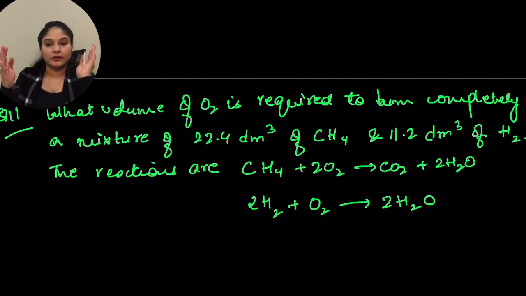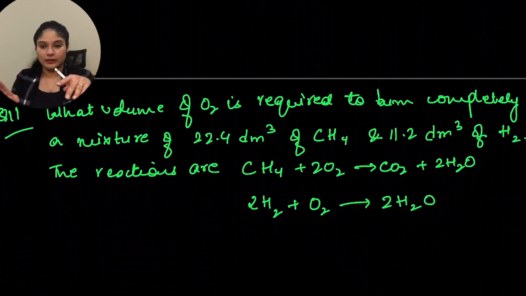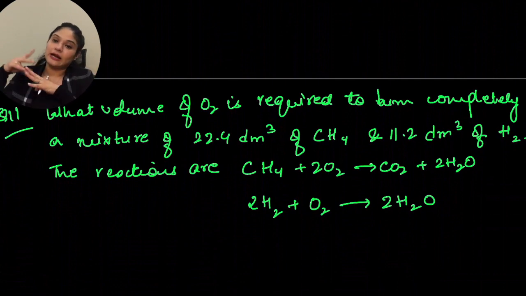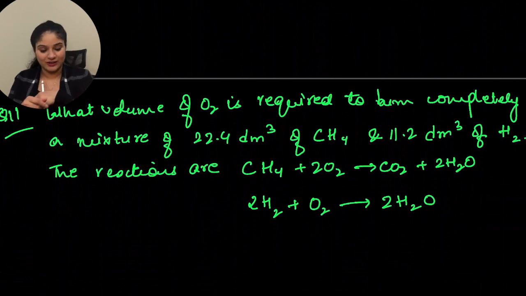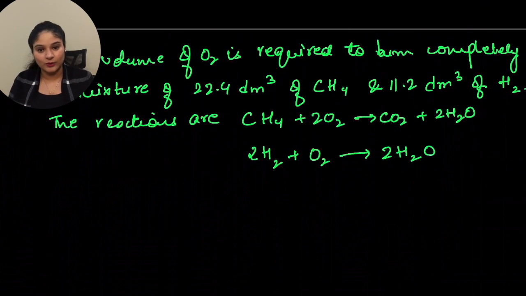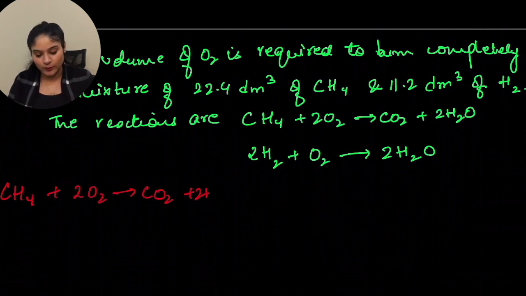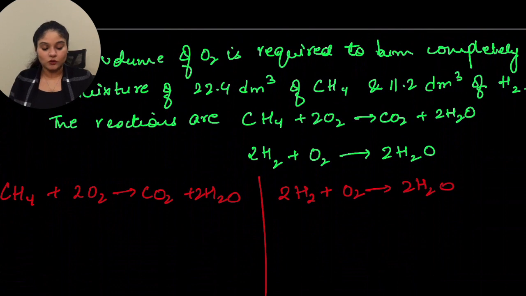You separate the two equations, solve each of them, and then at the end add the answers. So for that we calculated carbon dioxide. For this case we'll be calculating oxygen. So let's start with the first one. So we have CH4 plus 2 oxygen giving you CO2 plus 2 H2O, and then 2H2 plus oxygen giving you 2H2O.